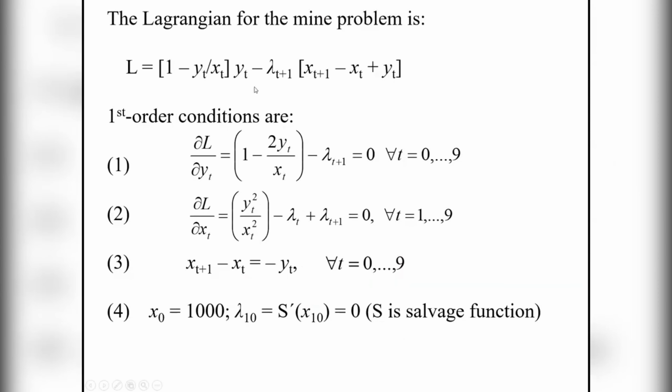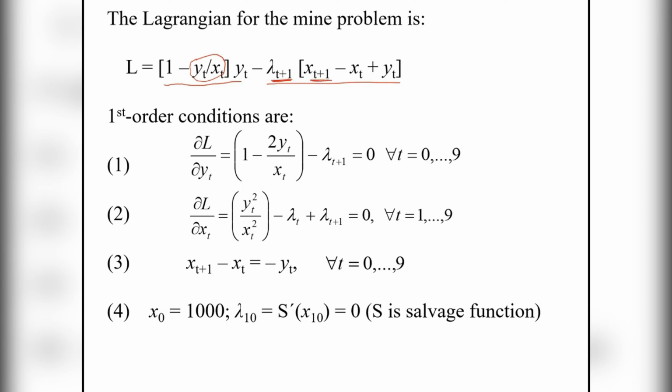Well, we form our Lagrangian for the mine problem as usual, and again a key value here is the choice that we make with regards to that little y over x_t. So here's our Lagrangian. This is the objective function again, and then these constraints, where we have a t plus 1 here.